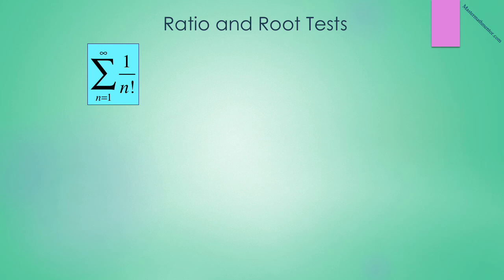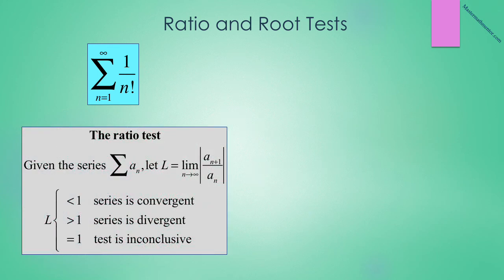So we will introduce the ratio test, which compares the general nth term to the general n plus first term. The ratio test looks at the series summation of a sub n, and lets L be the limit as n approaches infinity of the absolute value of a sub n plus 1 over a sub n.